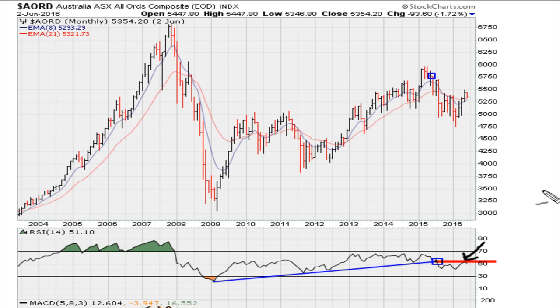That tends to be a sell signal. So the monthly chart is confirming the weekly chart, which is telling us that more than likely, especially if the RSI on the monthly drops below 50, expect a big down month. So the monthlies and the weeklies, as far as the Australian market is concerned, do point to a market that wants to pull back.